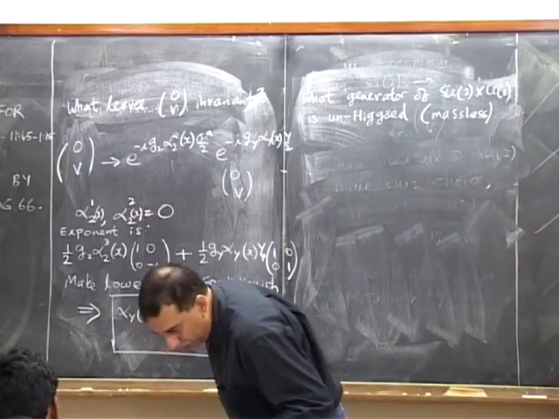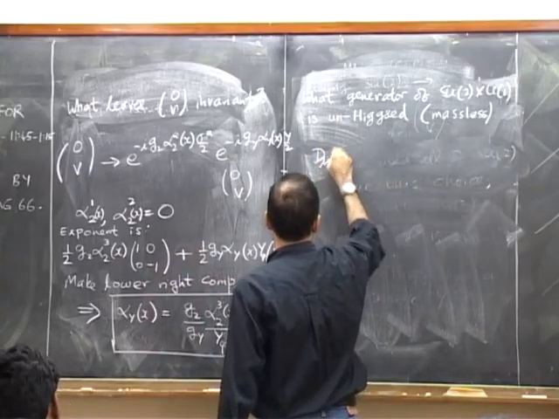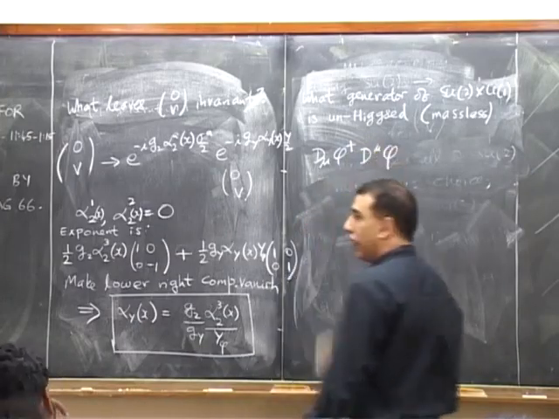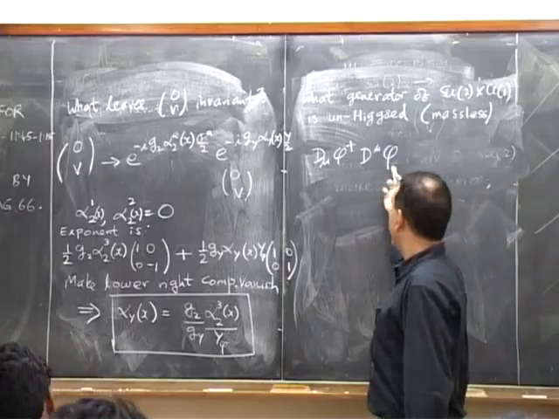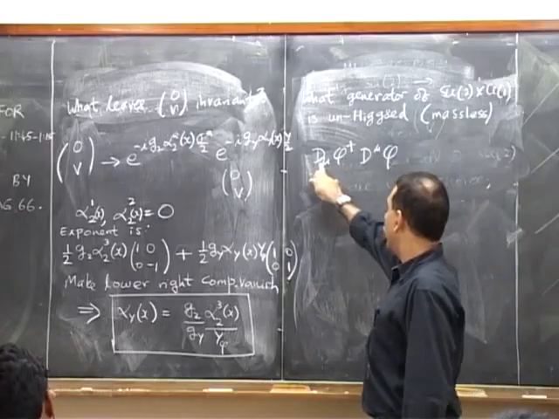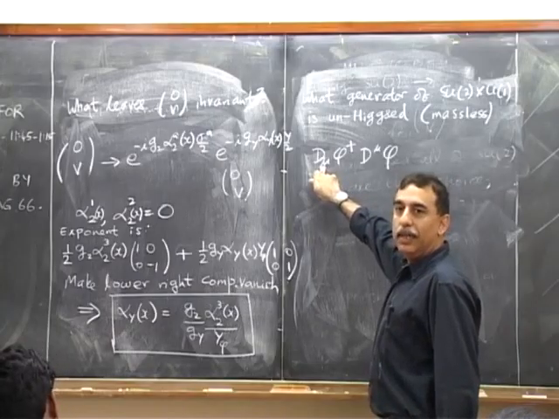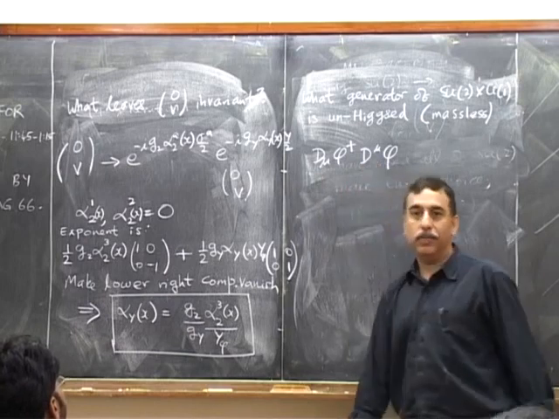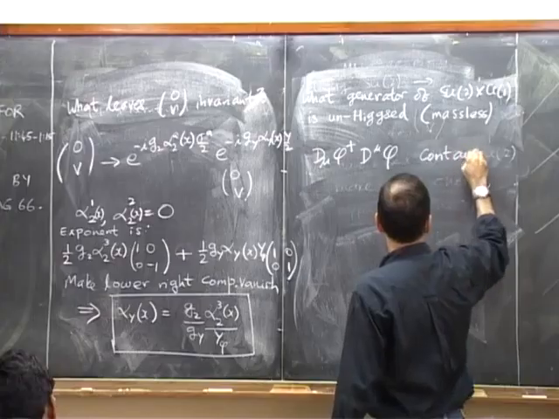Here the calculation is very simple. We first look at D mu phi. We notice that plugging in the wave of the Higgs, and putting in the gauge fields, the W mu plus minus, W mu 3 and B mu, will give mass terms for the gauge fields. So this contains gauge field mass terms.